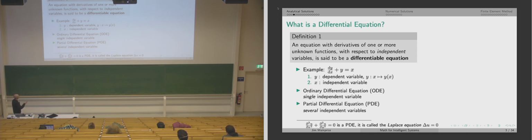That's an example of a partial differential equation, and it is called the Laplace equation. It involves summing the second order partial derivative with respect to the first independent variable with the second order partial derivative with respect to the second independent variable. The functions u that are solutions to this equation are called harmonic functions. It's important to know that.